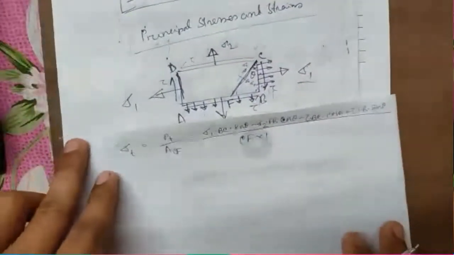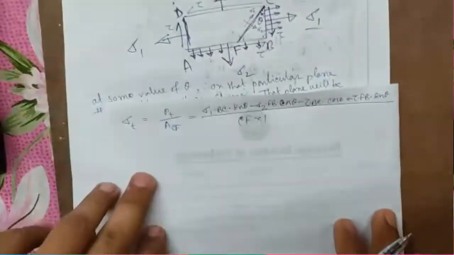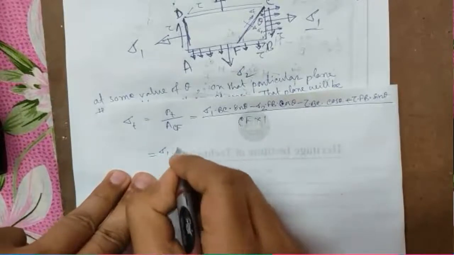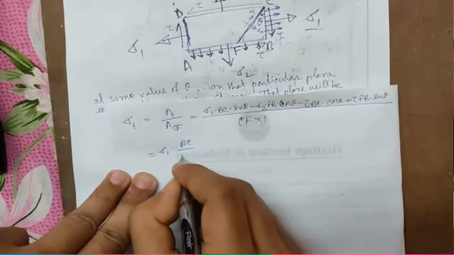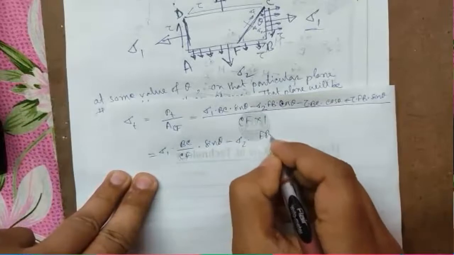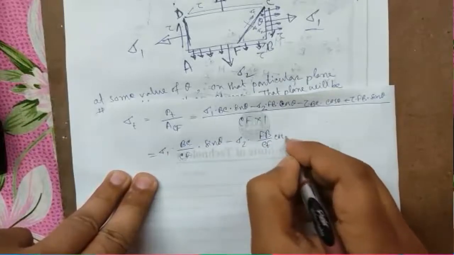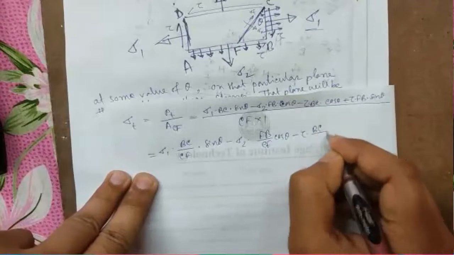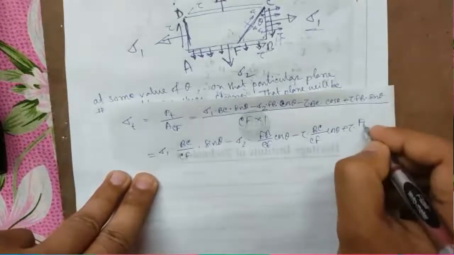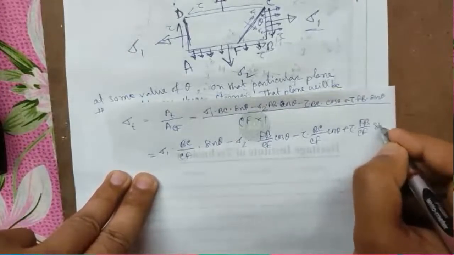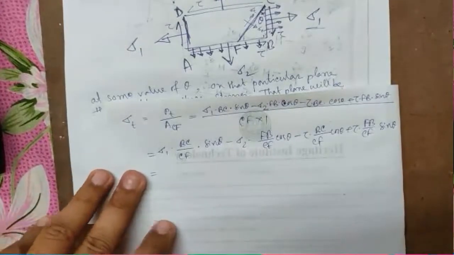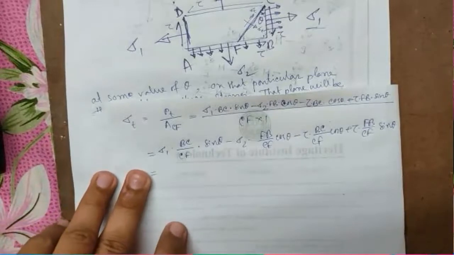Okay, let us keep this image, it will be a little helpful. So similarly, we will put CF under BC just like the previous case: sigma 1 BC by CF sin theta minus sigma 2 into FB by CF cos theta minus tau into BC by CF cos theta plus tau into FB by CF sin theta. Now we have to find out this BC by CF.